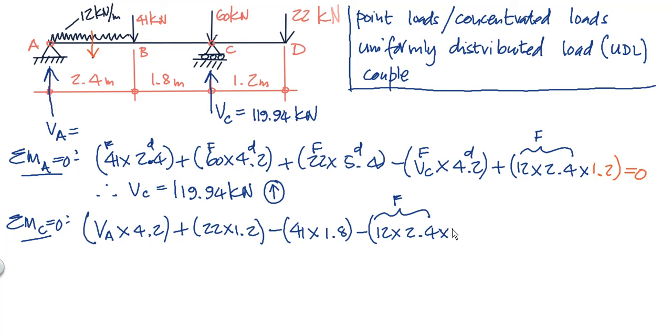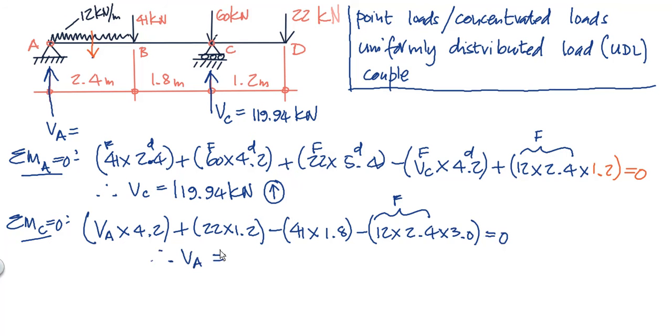There we go. Right, let's see. I'm just checking my forces. I think we've got everything in. It's equal to 0. We've got one equation with VA as an unknown. Therefore, we can determine VA.